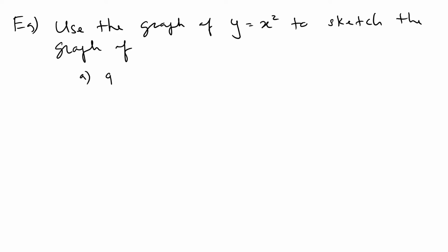The first one is g(x) equal x squared plus 3, just some number. And let's say part b, h(x) equal x squared minus 2, some number, it doesn't matter what number it is.